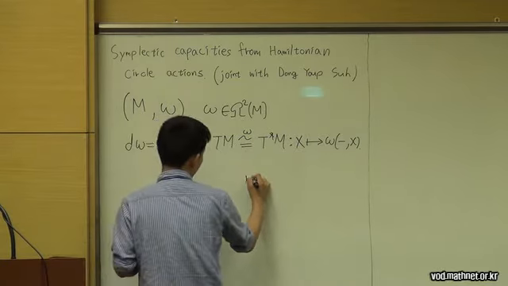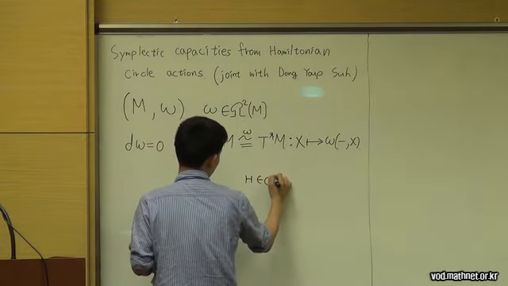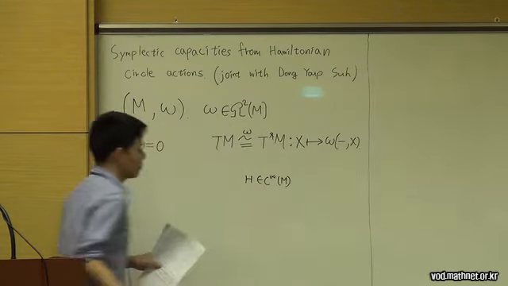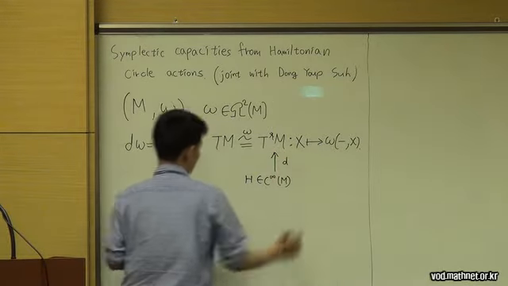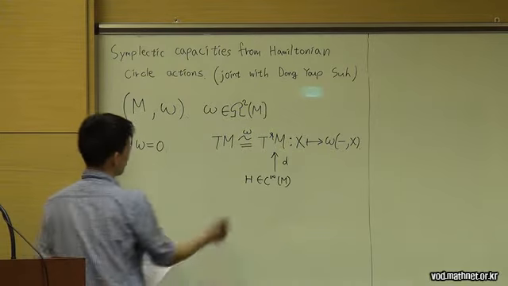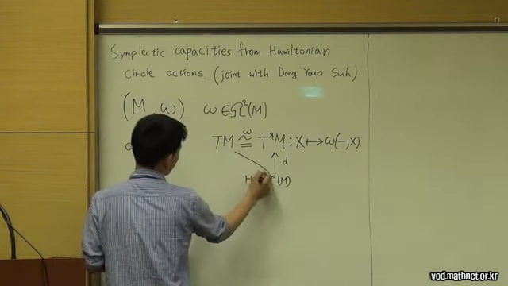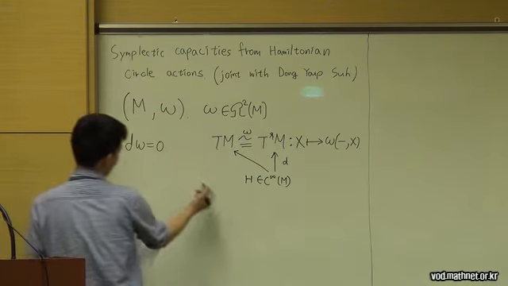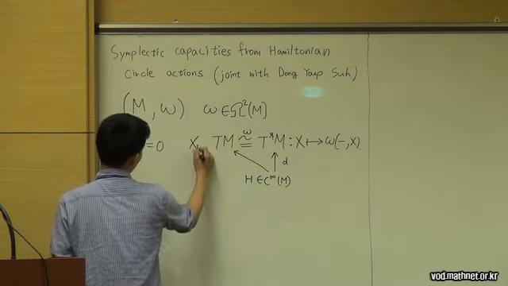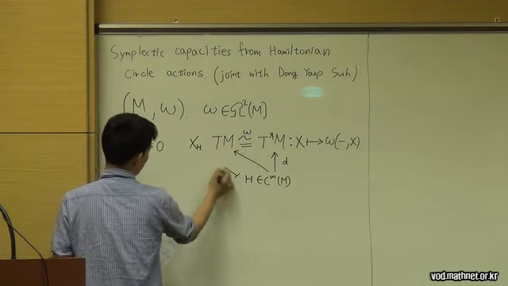If we think about smooth functions on M, then we can differentiate and compose with this map. Let's denote the image by XH.